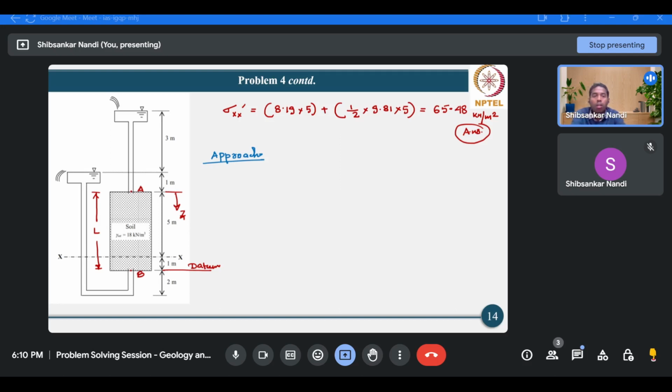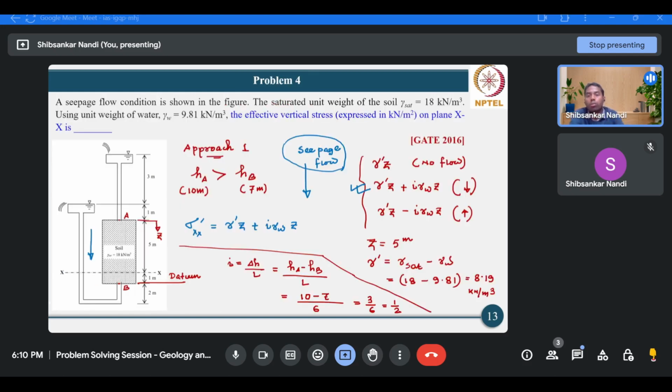For approach 1, you have to recall the analytical expression, or derive it from the fundamentals, and then substitute the appropriate values for submerged unit weight, the depth at which we are calculating the effective stress, the hydraulic gradient, the unit weight of water, etc.